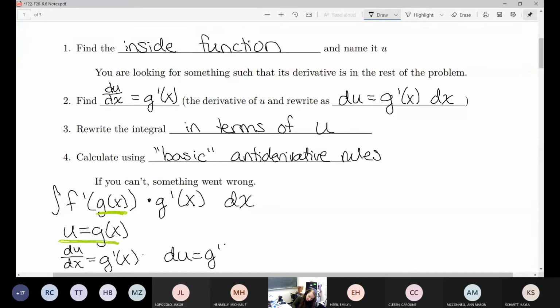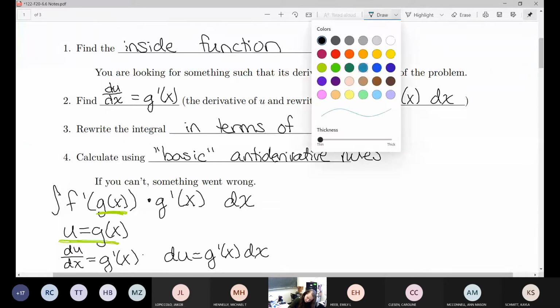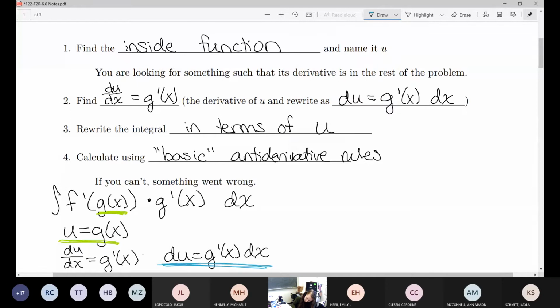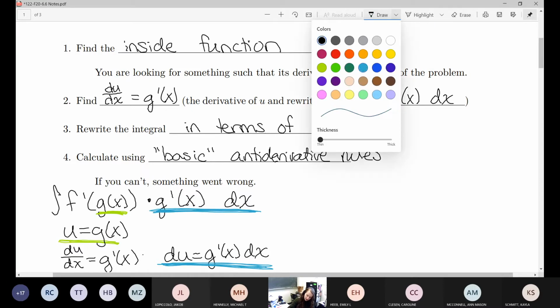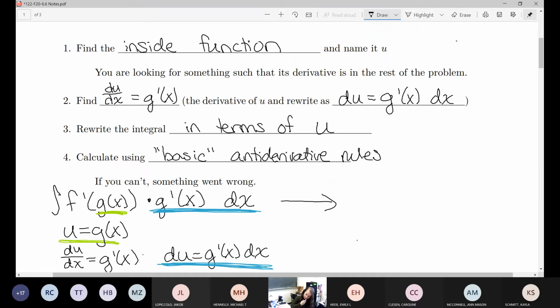And then we rewrite it in this new way, because notice that g prime of x dx is at the back of that integral. So essentially what happens is we replace everything in terms of u.